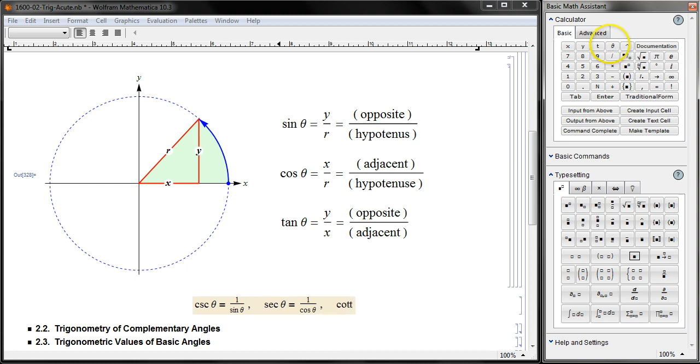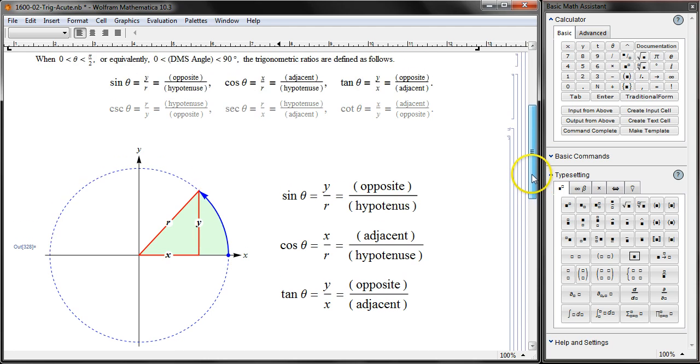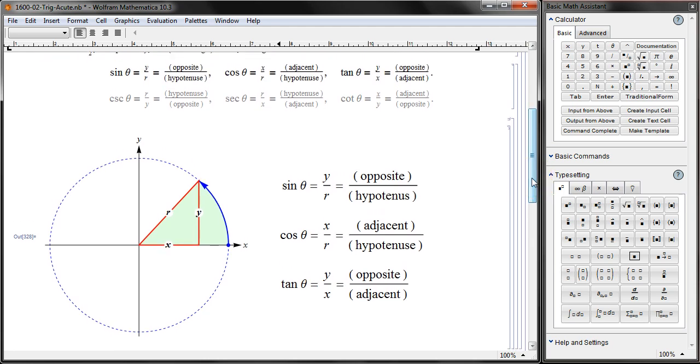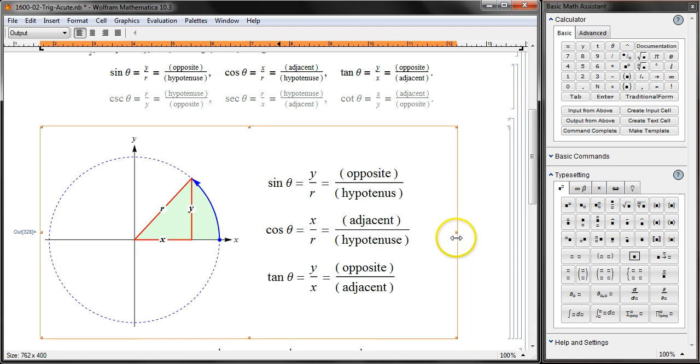Finally, cotangent of theta is 1 over tangent of theta. And there goes the relationship between the standard trigonometric ratios, sine, cosine, and tangent, and the reciprocal ratios, cosecant, secant, and cotangent.